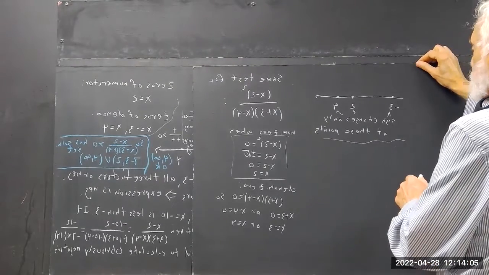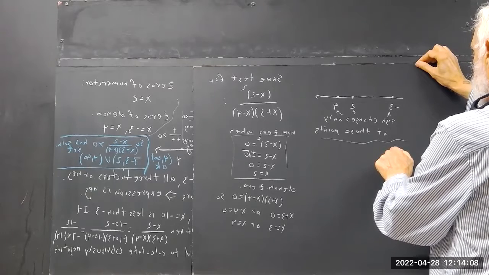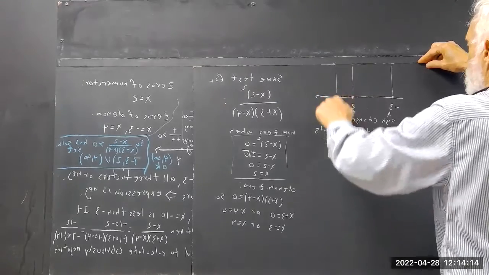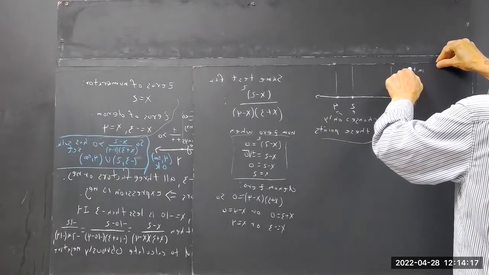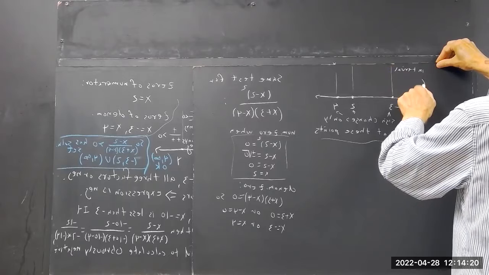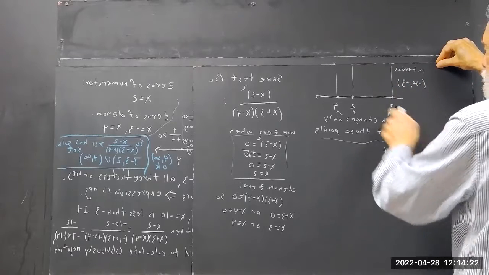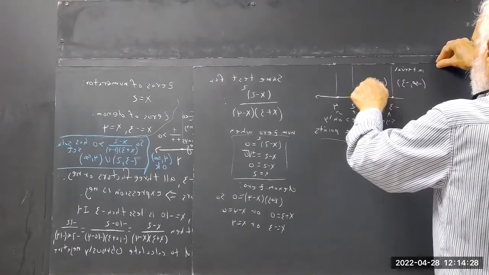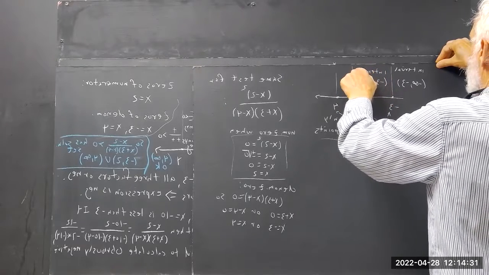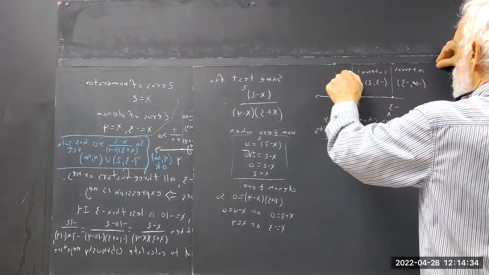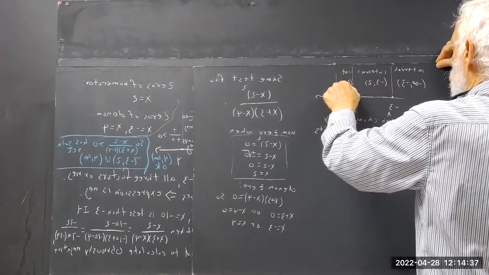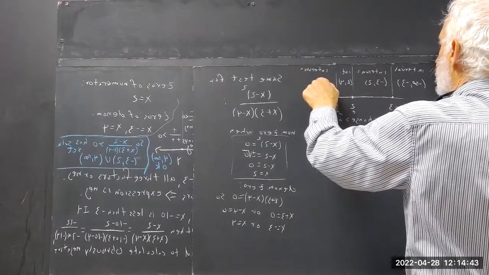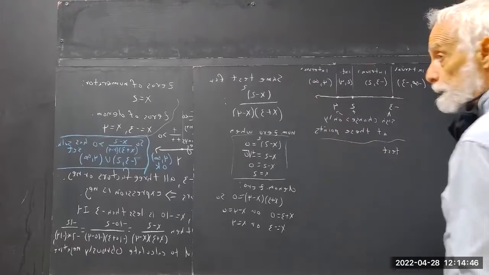Well, we have four intervals: negative infinity to -3, interval -3 to 2, interval 2 to 4, interval 4 to infinity.